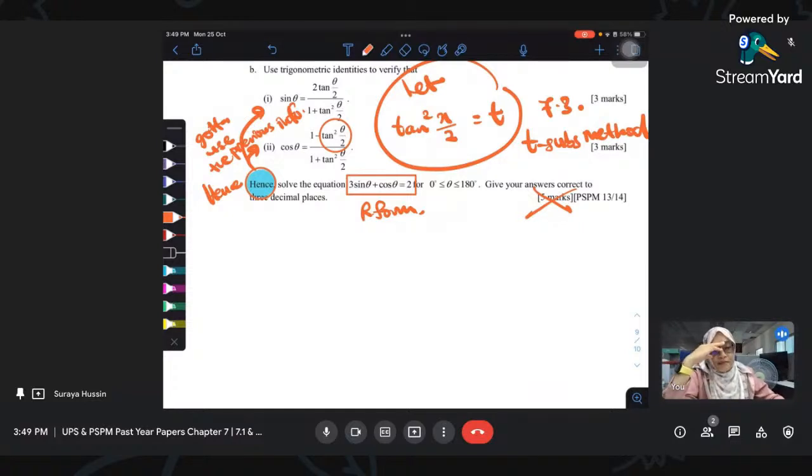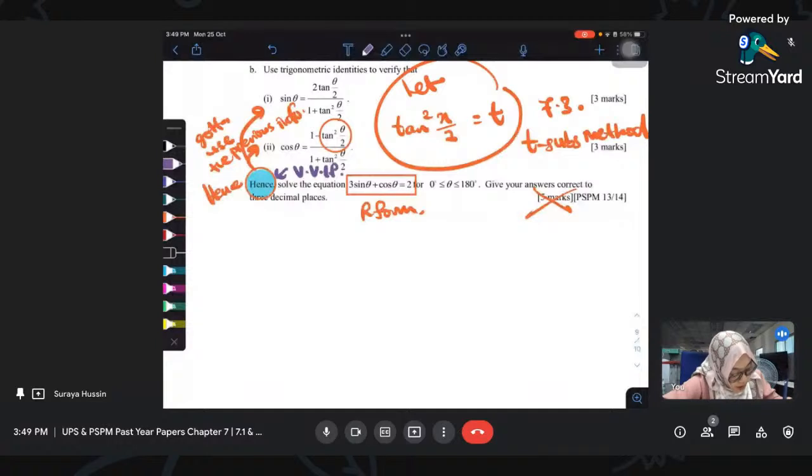Dia buat ayat sendiri pula, Lim ni. Kita tak panggil T form, Lim. Kita panggil t-SUBSTITUTION method. But really thank you for that. T form pun boleh lah if you want to call it T form. But actually in the syllabus, we call it as t-SUBSTITUTION method. The word hence is very important, so please take note. Put the VVIP for you all.